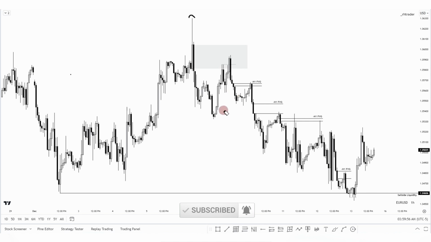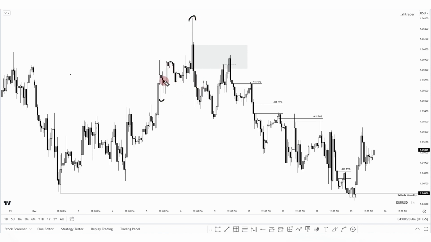Now what you can learn from this is that this bullish fair value gap will then act as an inversion, right? So let me explain. We have this fair value gap right here, considering this range.